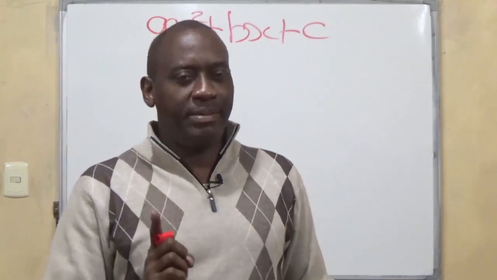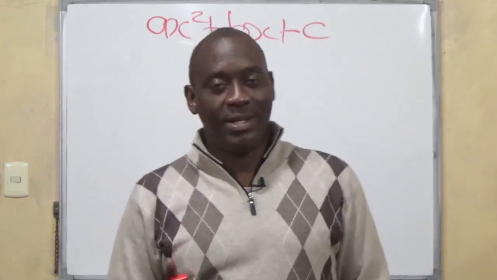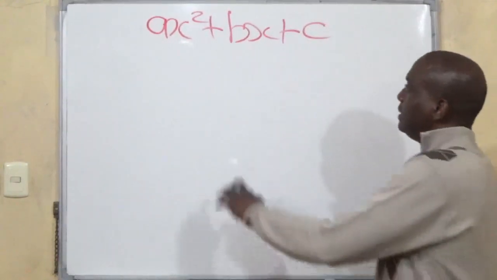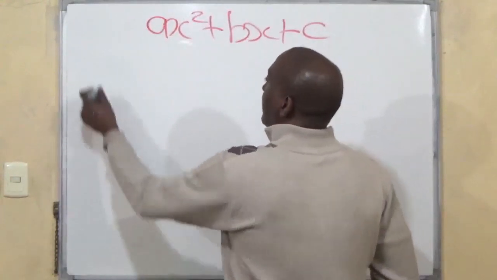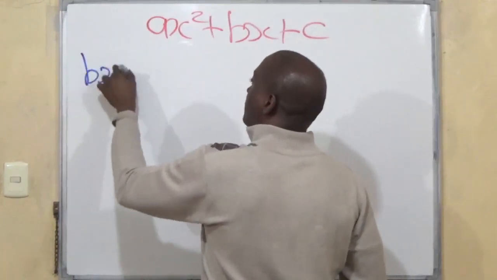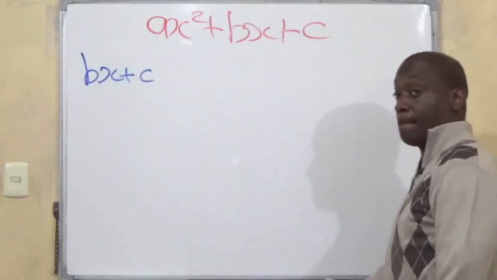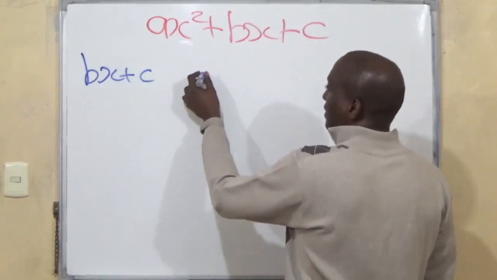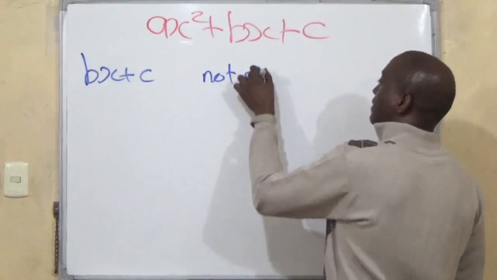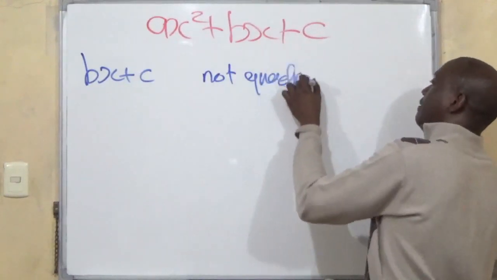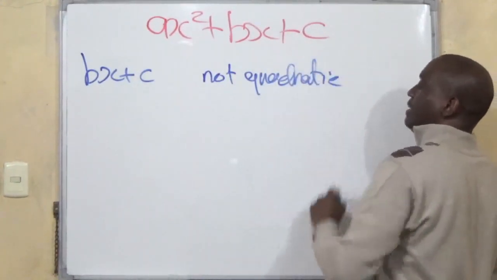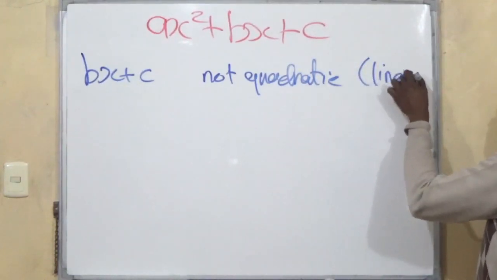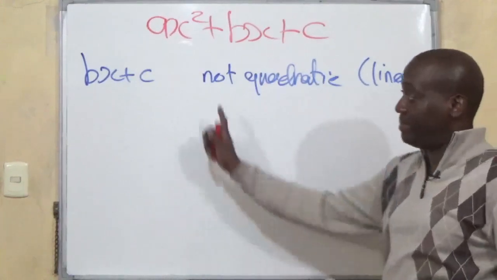What a cannot be is 0, because as soon as a becomes equal to 0, this term disappears and leaves us with just bx plus c, right? Which is not a proper quadratic. That is actually a linear expression, right? bx plus c is a linear expression.